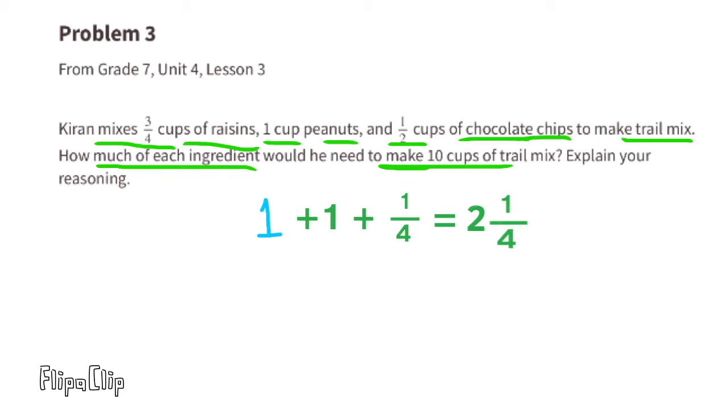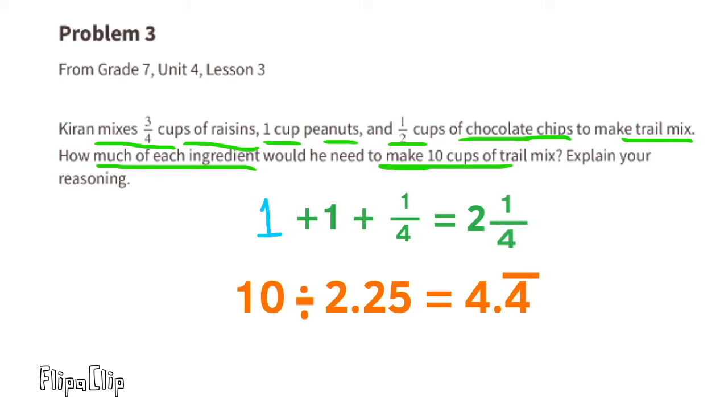Now if he were to make 10 cups of trail mix, I need to see how many times larger 10 cups is compared to 2 1/4 cups. 10 divided by 2 1/4. I can write 2 1/4 as a decimal, 2.25. 10 divided by 2.25. That'll tell me how many times larger 10 cups of trail mix is compared to the 2 1/4 cups in Kieran's recipe.